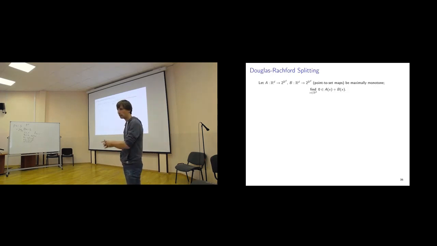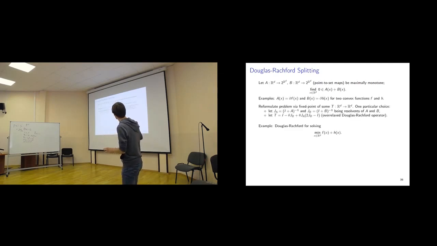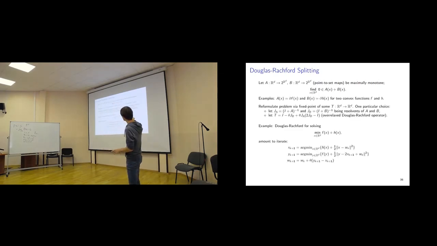For the example, I will consider what we call Douglas-Rachford. Don't worry too much about what it is. I will just give you the example of what it looks like for optimization. If you want to optimize a function of that shape, one way to proceed is to use Douglas-Rachford splitting. If some people here know about the alternating direction method of multipliers, it's similar.